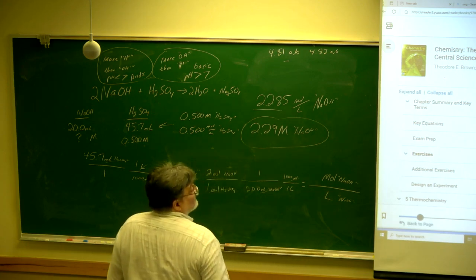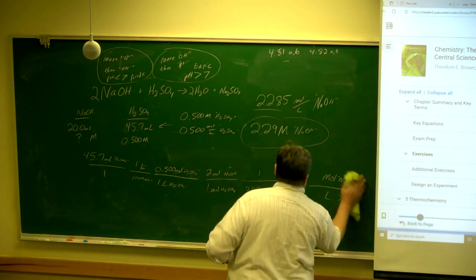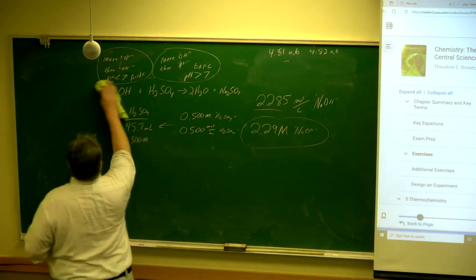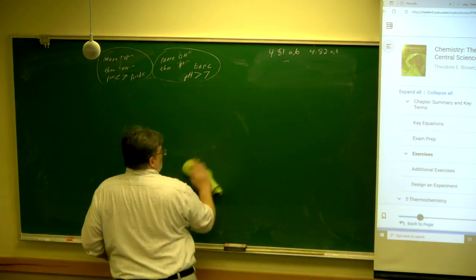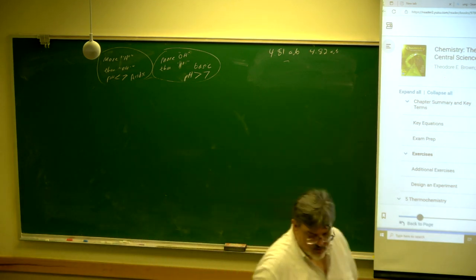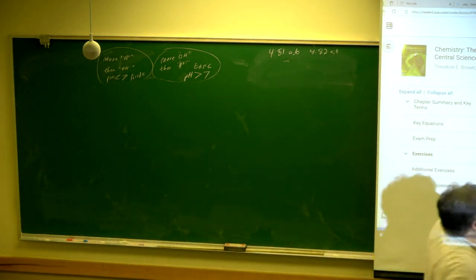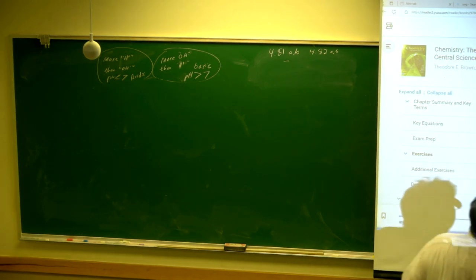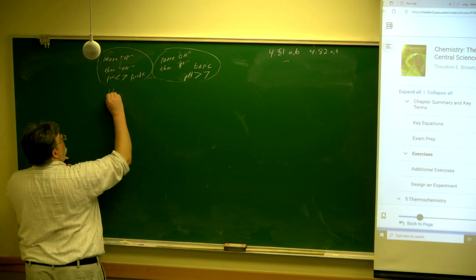So let's solve this one, 4.82 A and B. You would have to balance these first. So you've got HCl and you've got Ba(OH)2.